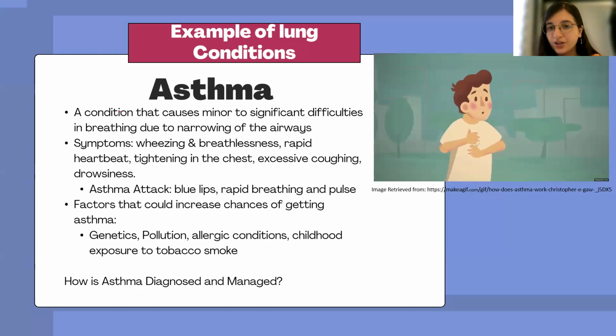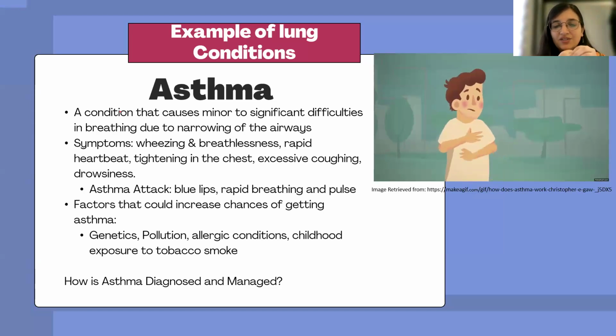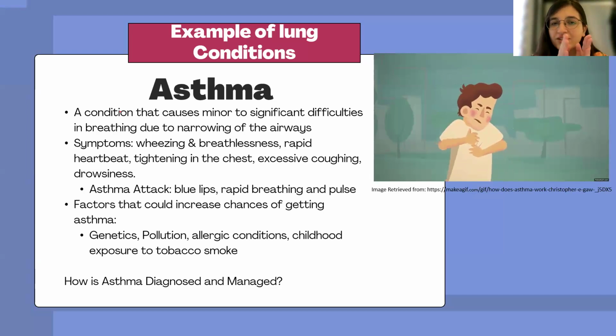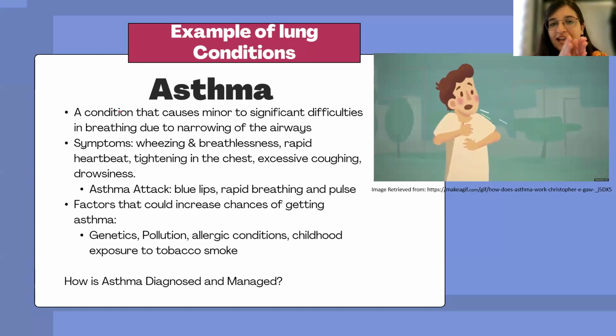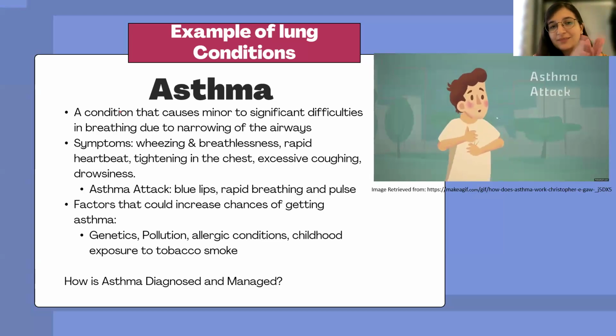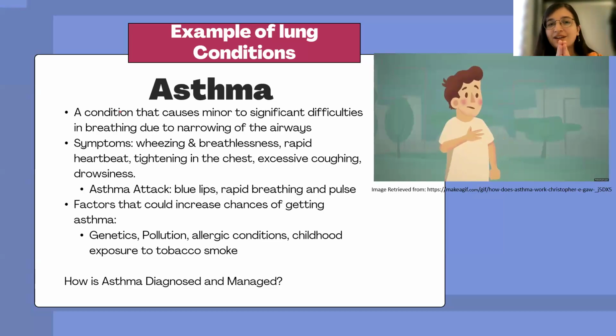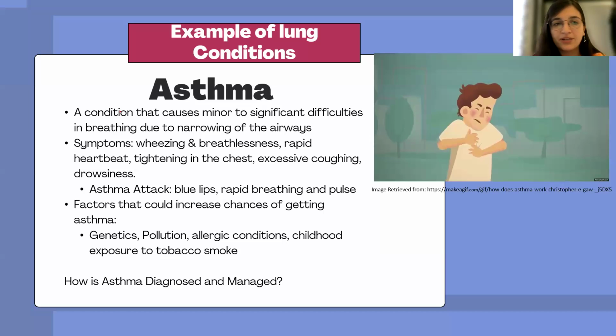For oxygen to go in is hard because it's so narrow, and for carbon dioxide to come out is hard. Just imagine you're driving on a narrow road. It's very difficult for smooth flow. Oxygen has to go in, carbon dioxide has to come out, and because of this narrowness, it can become very difficult. The same way for asthma patients, it's very difficult for them to breathe properly.